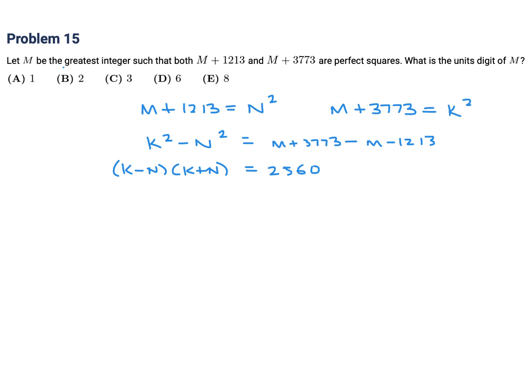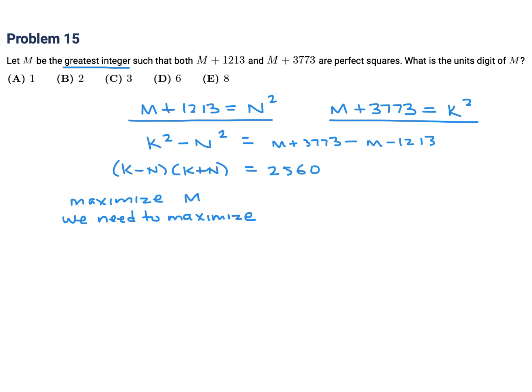But m, we want it to be as large as possible. So we want to maximize m. And to maximize m, we need to maximize either k or n, because if you maximize m, you maximize n or k.